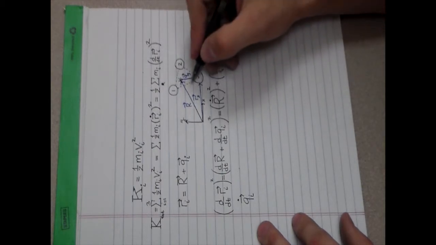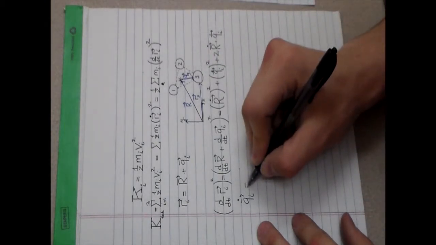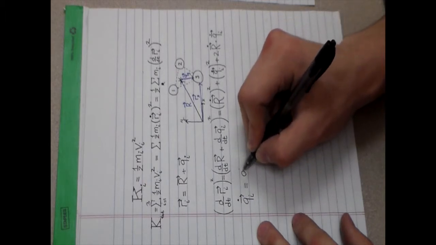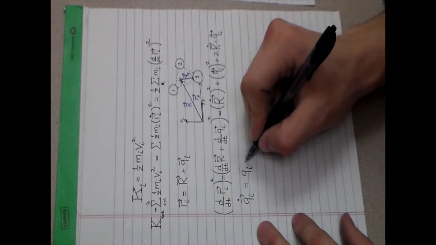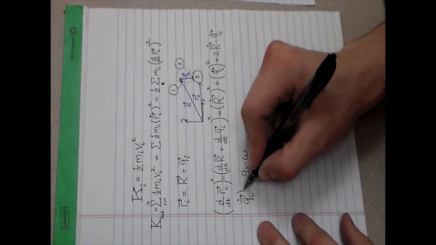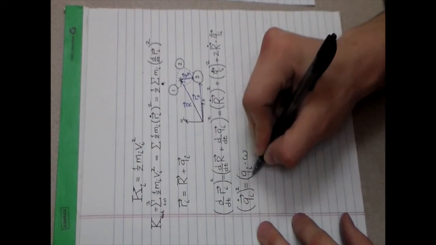Right? That's what q_3 dot is. So q_i dot is equal to, right, q_i in magnitude times omega. So q_i dot squared is this.